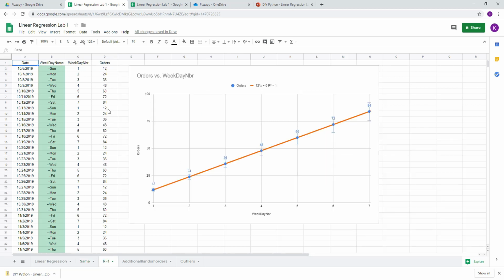But this time I kept the data as it is, but in the orders section I'm using a multiplication, just 12 orders. This is not exactly the real scenario, but if you look at the equation, C12, the weekday number multiplied by 12.